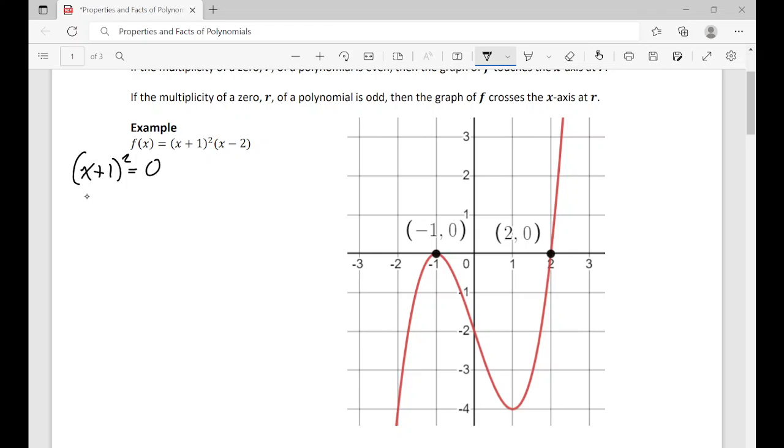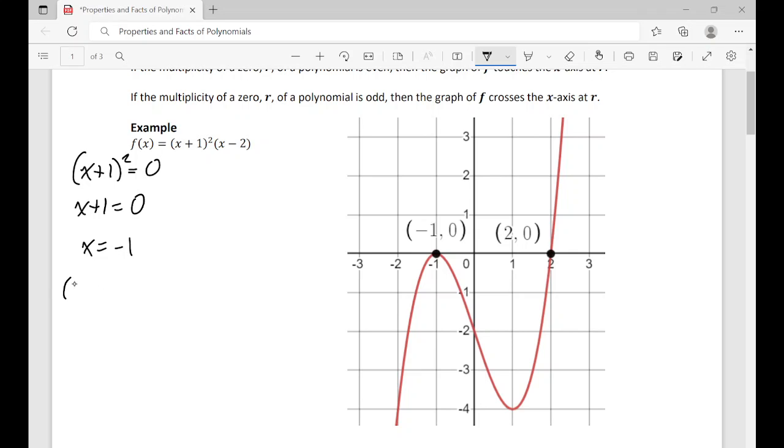So we can square root both sides, so that's just x plus 1 equals 0, and subtract 1 from both sides, x equals negative 1. Now, this is a 2 here. It's squared, it's even, which means that we just say that it's (x plus 1)(x plus 1). So if we were to set both of these individually equal to 0, we'd have 2 negative 1s.